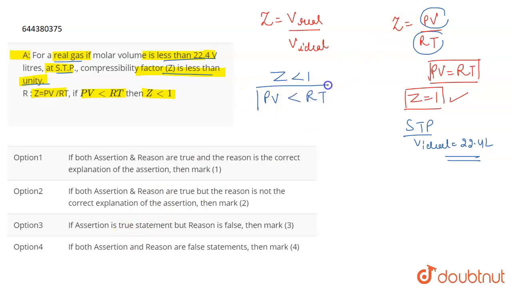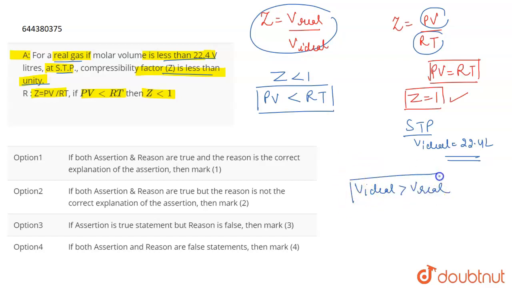PV will be less than RT when Z is less than 1. And if we talk in terms of volume, if you have to make Z less than 1, V ideal will be greater than V real. Only then Z will come out to be less than 1, which means that 22.4 liters, which is the ideal volume, will be greater than the real volume.